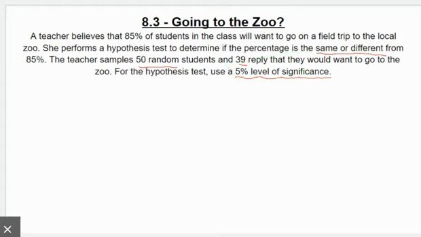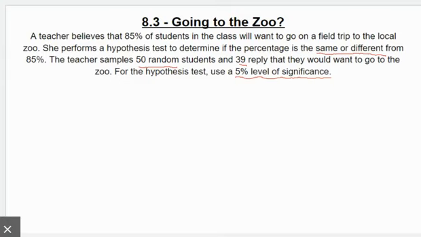Before we start to go through the process of this hypothesis test, I want to give you a little bit of an idea of what a hypothesis test is. In the world of statistics, there are times where there is a claim or a belief. Like in this particular case, the teacher believes that 85% of the students will want to go to the zoo.